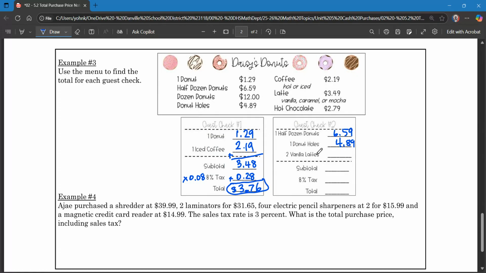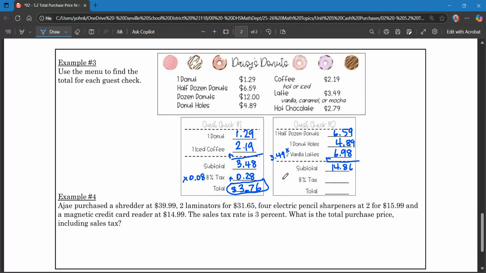Then we have 2 vanilla lattes. So lattes, 3 flavors, each one is $3.49. So I'm going to put a 3.49 here, and we're going to multiply $3.49 times 2, and that's going to give us $6.98. To find your subtotal or your total selling price, add them up, $14.86.